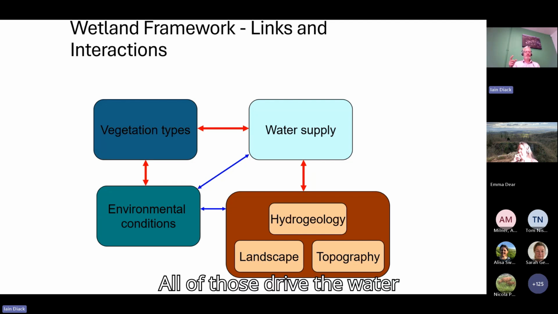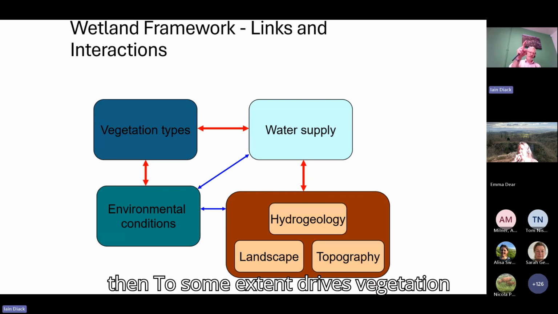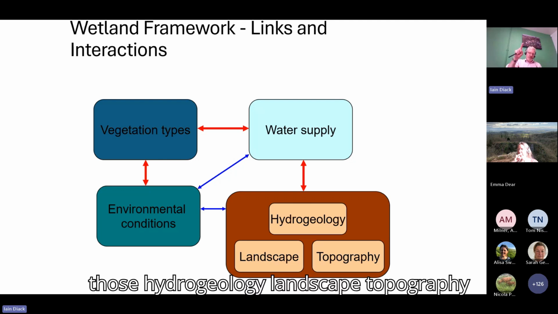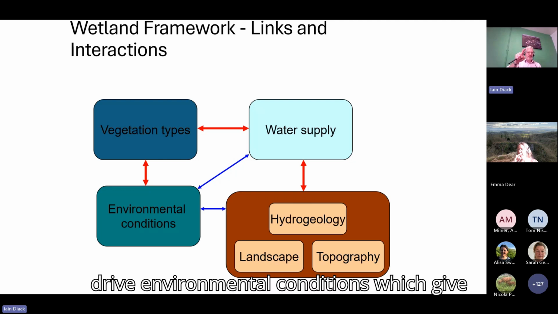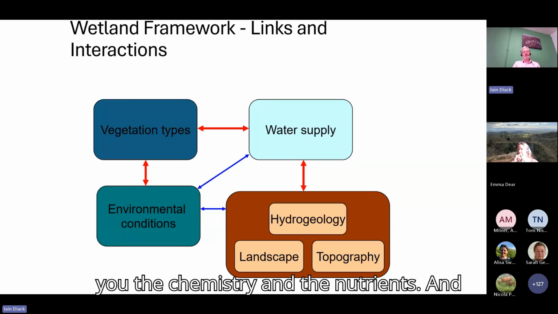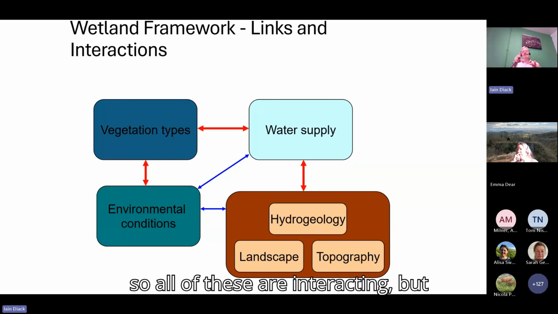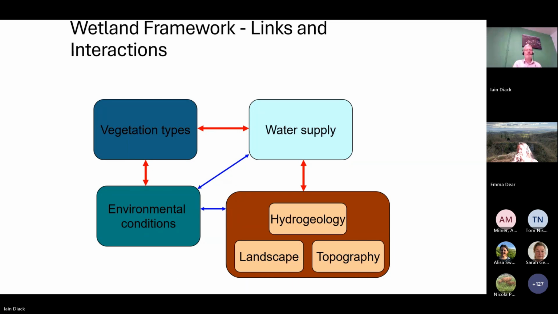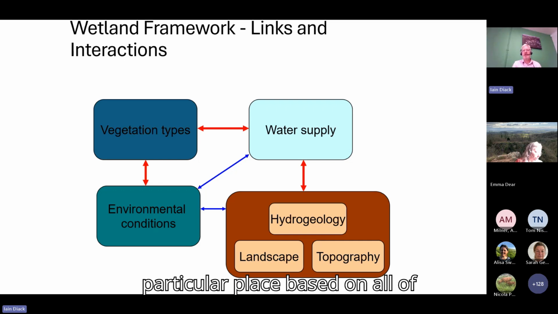All of those drive the water supply, which then to some extent drives vegetation types, but also the hydrogeology, landscape and topography drive environmental conditions, which give you the chemistry and the nutrients. And so all of these are interacting, but ultimately they're all giving you a particular vegetation type in a particular place based on all of those factors.